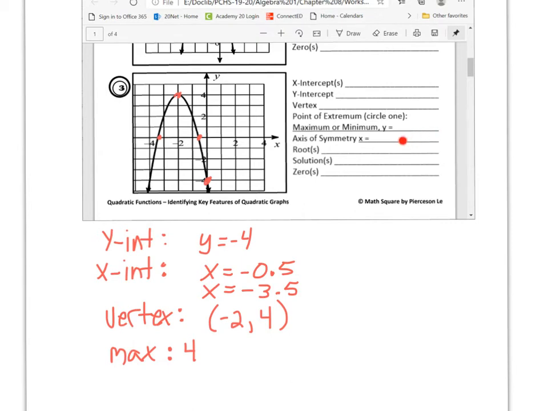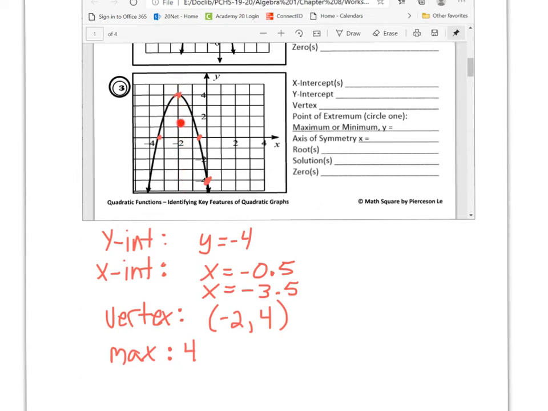All right, so let's move on. Now we've got this idea of axis of symmetry, roots, solution, and zeros. It turns out roots, solutions, and zeros, all three of those are the exact same thing. But let's first start with our axis of symmetry, x equals. The axis of symmetry is where we split the graph of the parabola in half, and it's a vertical line always passing through the vertex of our parabola.